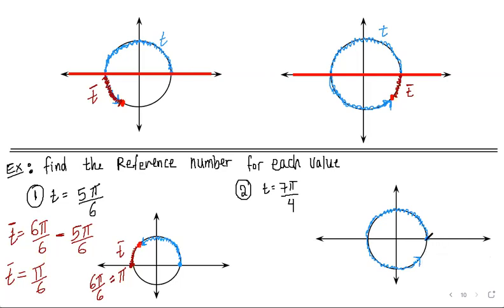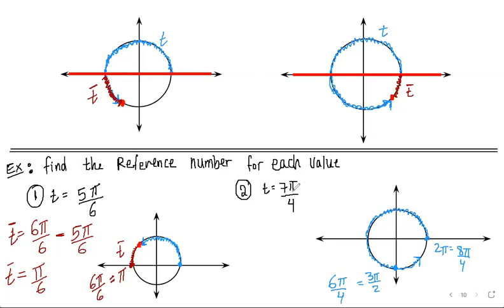Why here? Because this point is 2 pi, which is actually equal to 8 pi over 4. And this point here is 3 pi over 2, which equals 6 pi over 4.